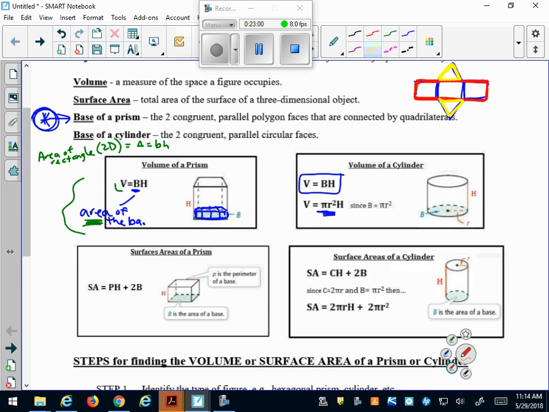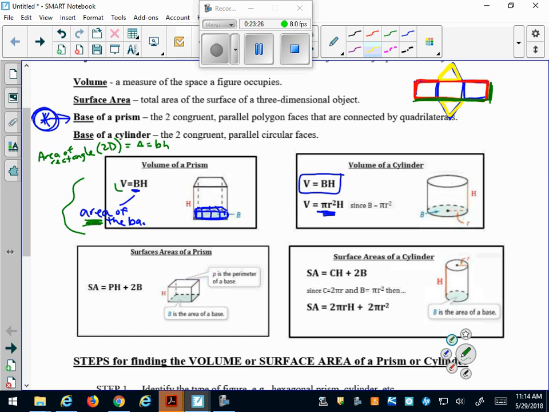What's left is this big rectangle here. And that big rectangle, to find the area of a rectangle, what do we do? How do we find the area of a rectangle? Base times height. So this base times this height.